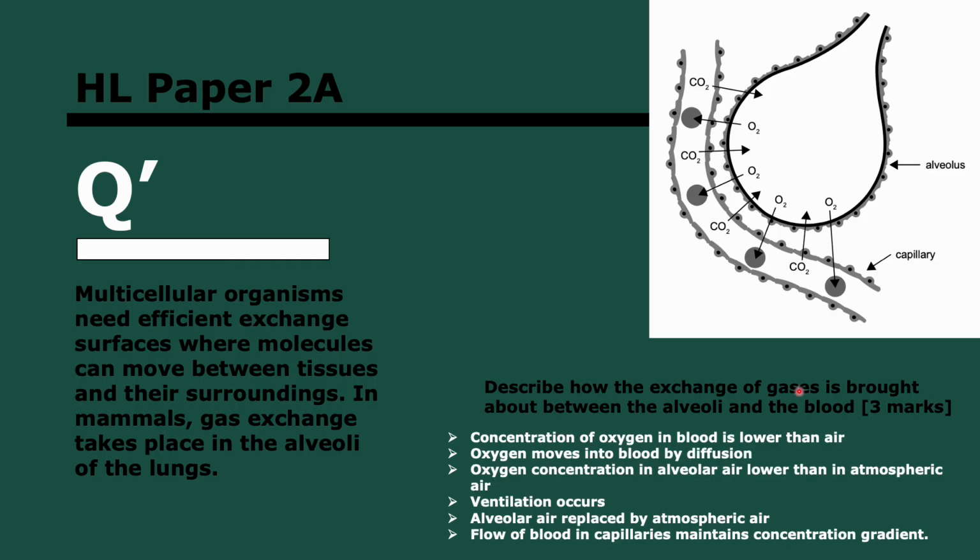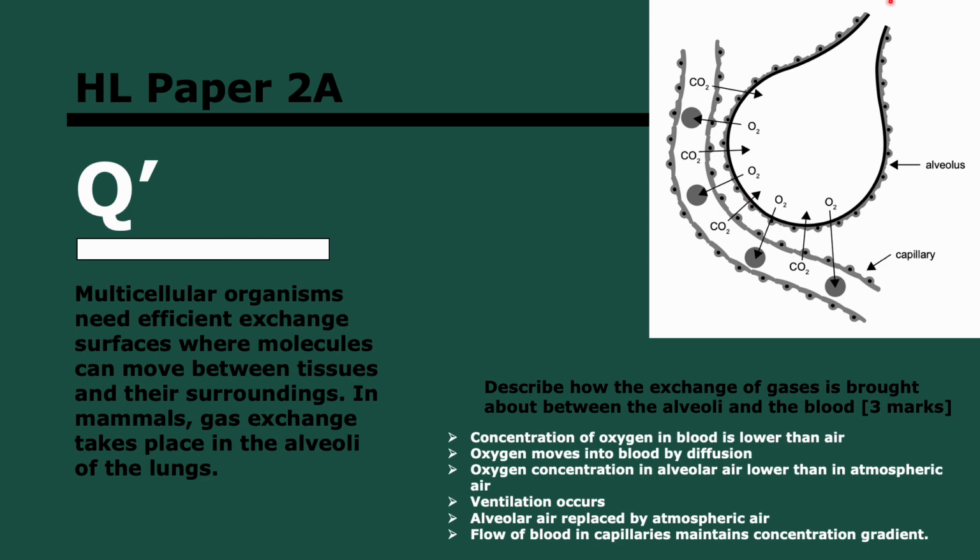Okay, so the concentration of oxygen in blood is lower than in air, because we use up the oxygen for cellular respiration. Then oxygen moves into the blood by diffusion. Oxygen concentration in alveolar air is lower than in atmospheric air because it's moved into the blood.